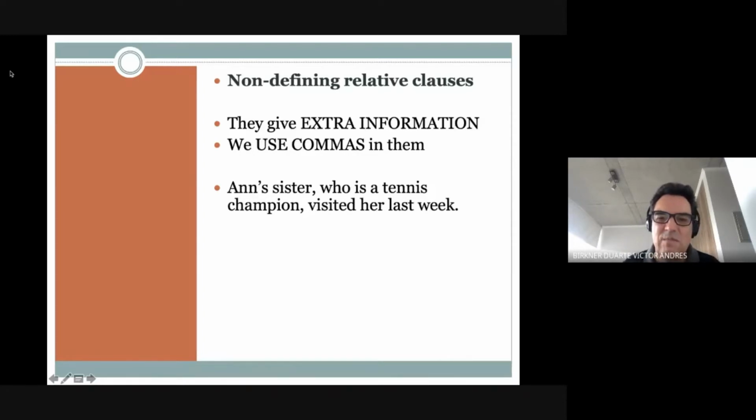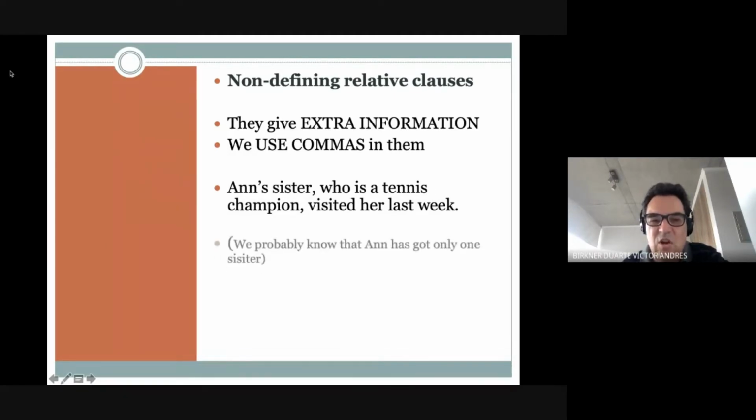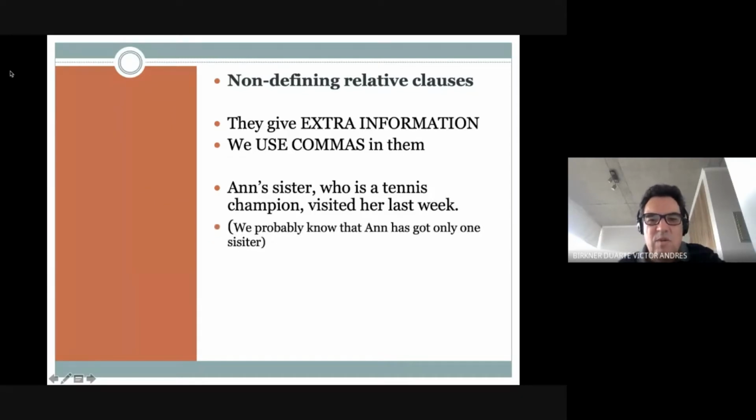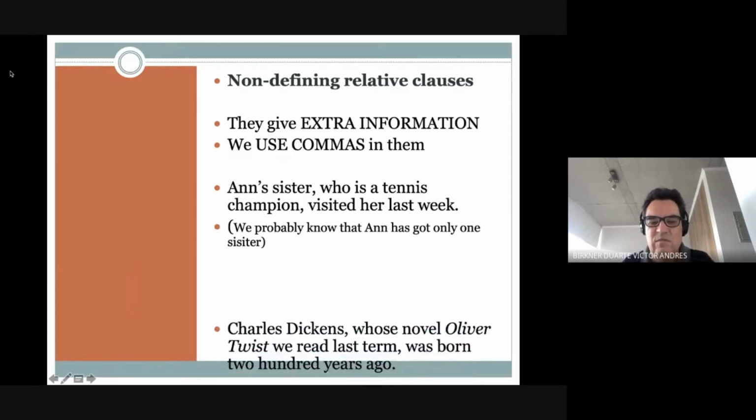Sometimes that information can be omitted. We might say Anne's sister visited her last week. So sometimes it can be omitted. If it is there, you have to use commas. We probably know that Anne has got only one sister, so probably that information is not relevant. It's just extra information.